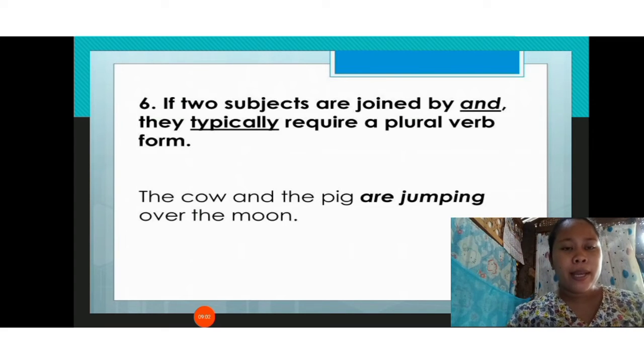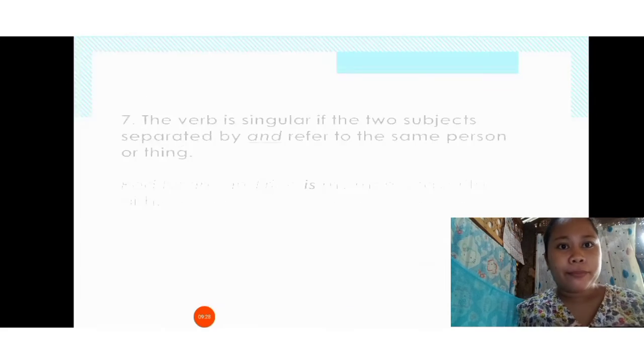Two different animals as our subject, and it is connected by the word and. And the rule is it requires a plural verb form. So we have two verbs here. Actually, for this sentence, we have are, and we have also the ing form of the verb jumping. The cow and the pig are jumping over the moon.